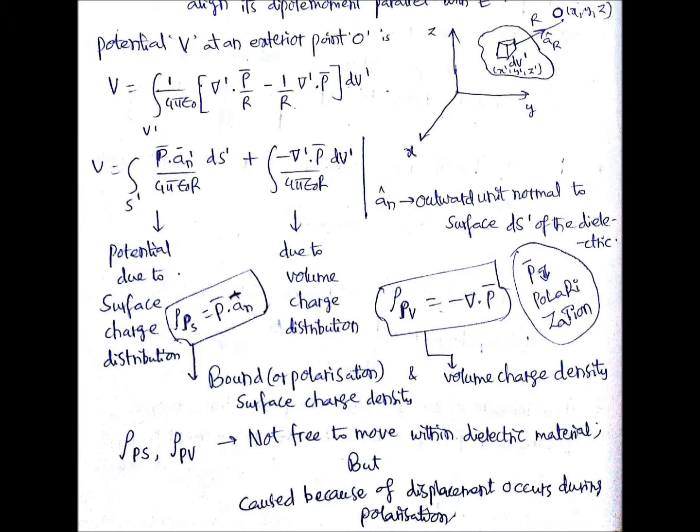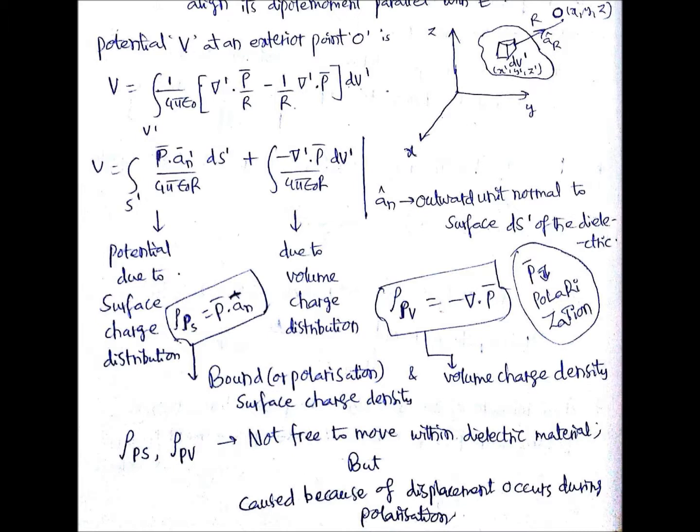So here that rho s is the bound surface charge density. It is not just surface charge density. This is the bound or polarization surface charge density, because it is involved with polarization concepts. And the rho v is the bound volume charge density.